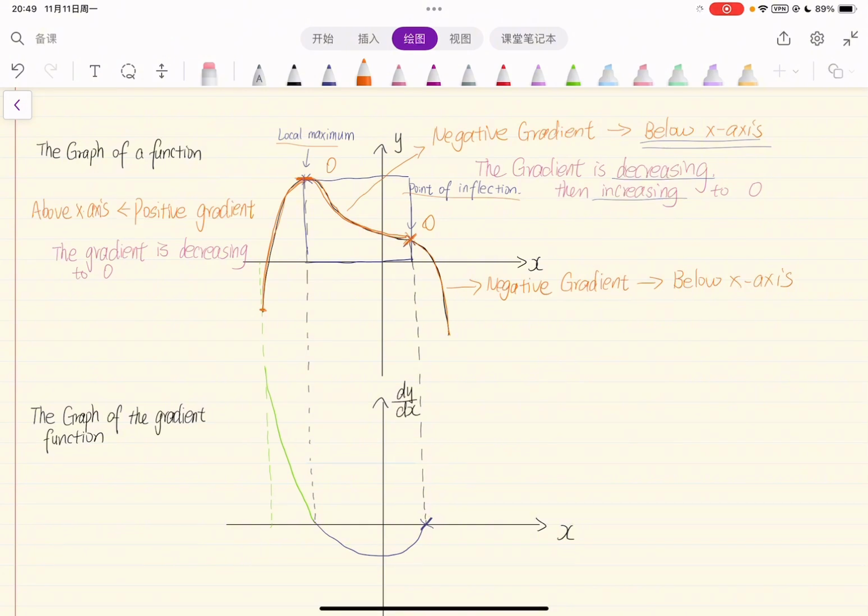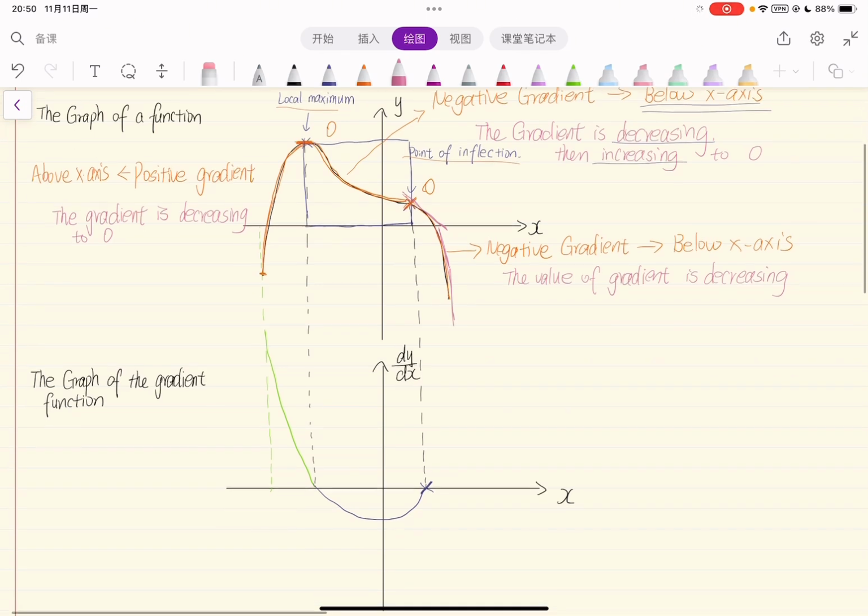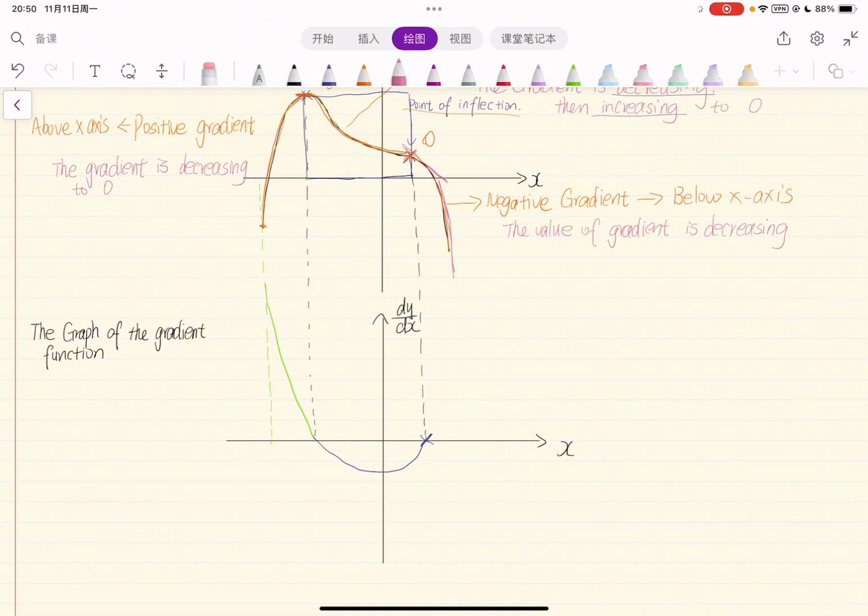And also we can see that the value of the gradient is decreasing. Here we have a tangent and another tangent, and another tangent, and we can see that the value of the gradient is decreasing. So we can draw the rest of the curve of the gradient function.